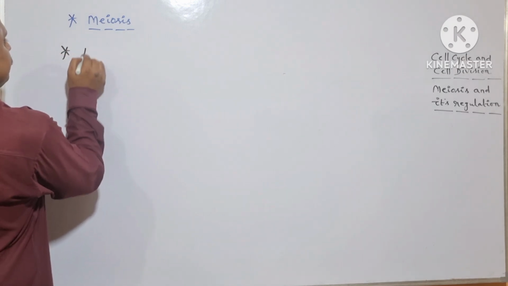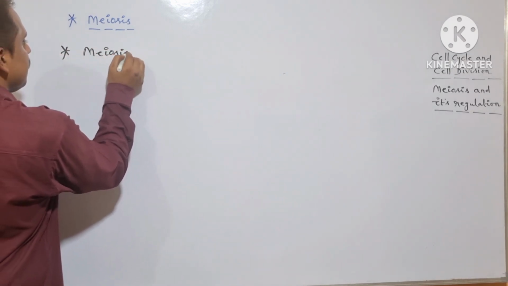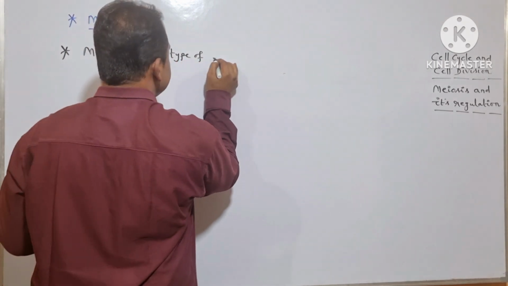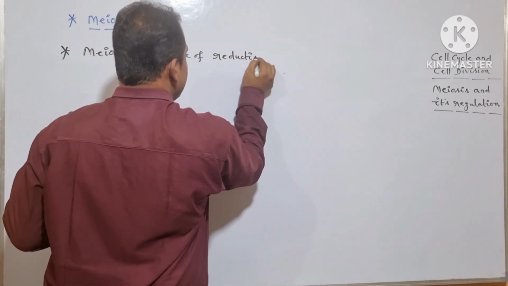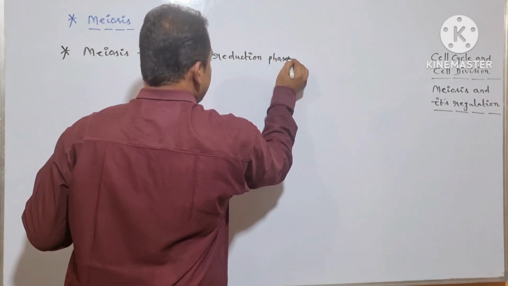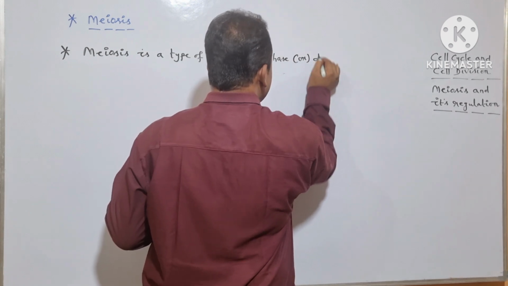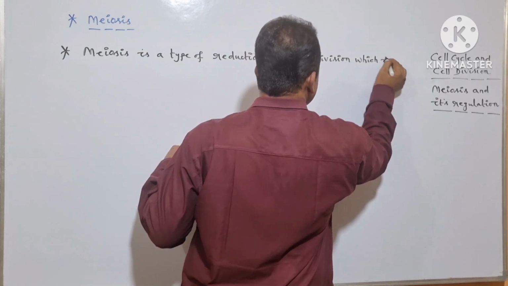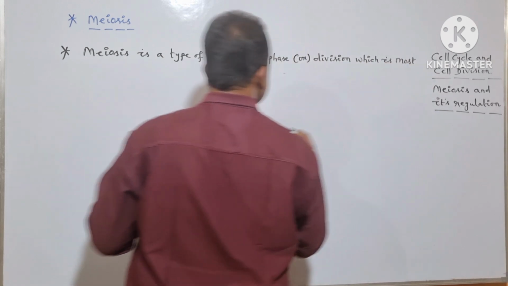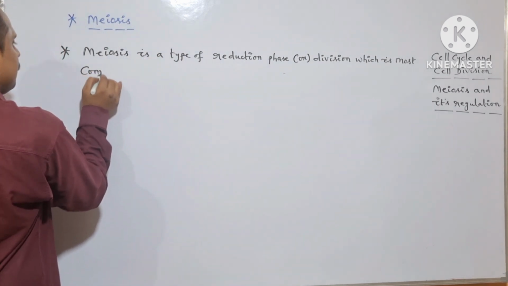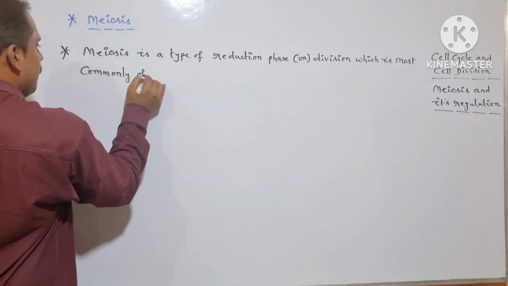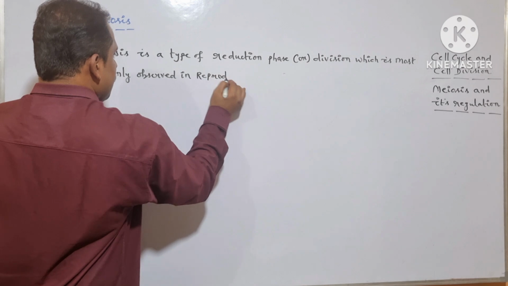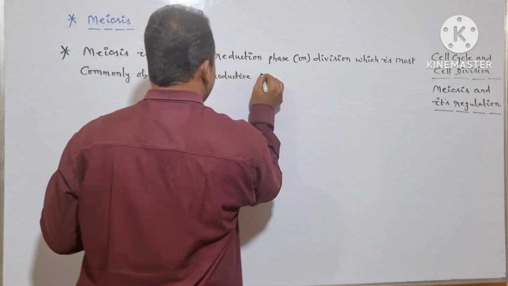Meiosis is a type of reduction phase or division, which is most commonly observed in reproductive cells or sex cells.